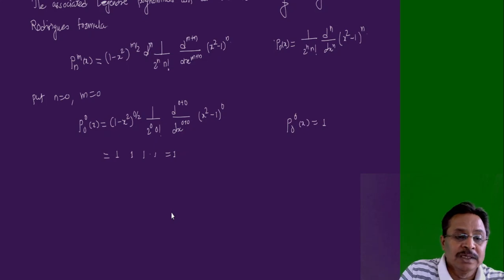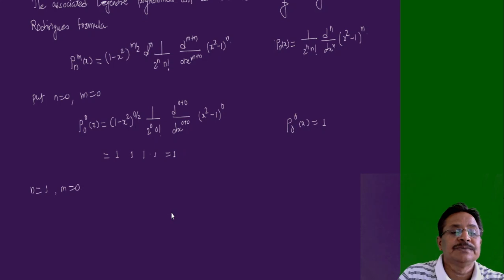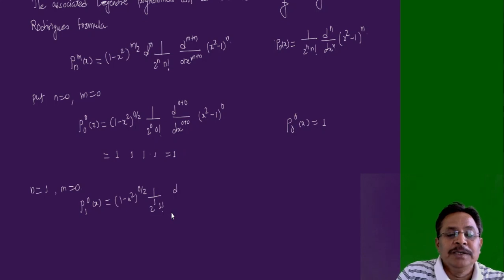Now let's go for the next one. Now n is equal to 1 and m is equal to 0. Let's try this. So P10 of x is (1 minus x squared) raised to 0 upon 2, then 1 upon 2 raised to 1 into 1 factorial, multiplied by d raised to 1 divided by dx raised to 1 of (x squared minus 1).